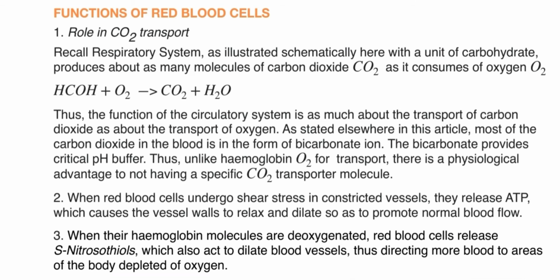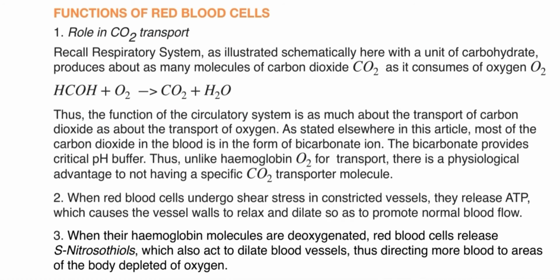As stated elsewhere, most of the carbon dioxide in the blood is in the form of bicarbonate ion. This we have to remember, it is the main point. The bicarbonate provides a critical pH buffer. It is one of the important buffers.